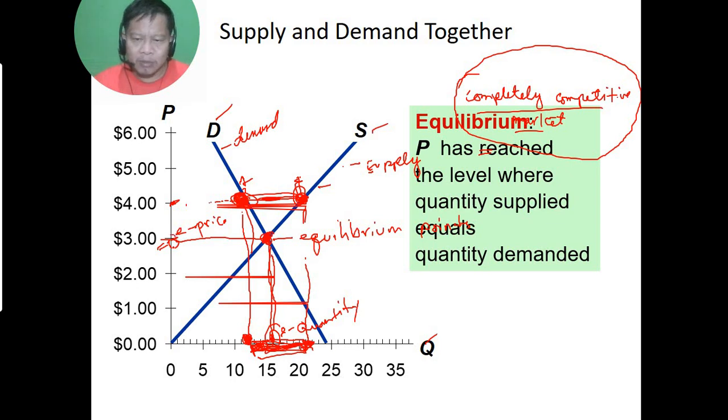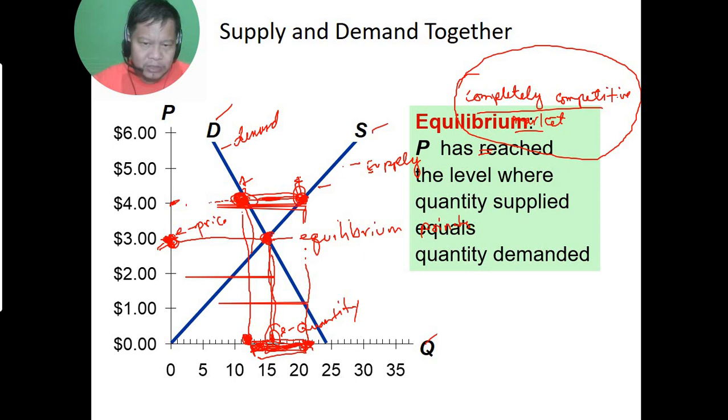Kay mao ra po na ilang price we are willing to pay by the consumers and the price that the sellers are willing to sell. So that is the natural agreement between quantity supplied, quantity demanded, and the price of that product.